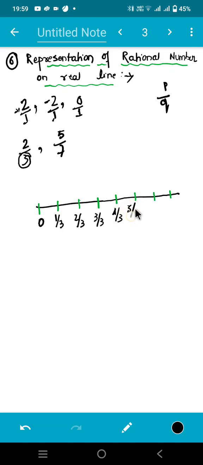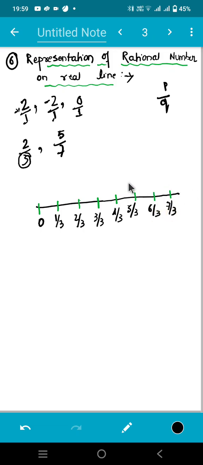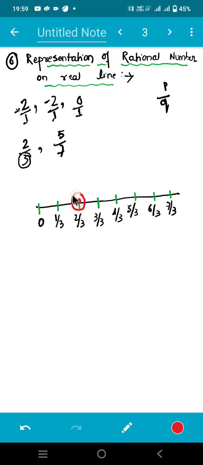Very easy. 5 by 3, then this would be 6 by 3, this would be 7 by 3, and so on. So you will write like this. Okay. Now which rational number you have to look at? 2 by 3. Now where is 2 by 3? Here is 2 by 3. So you will circle it like this. So this is how you will represent this type of form on the number line.